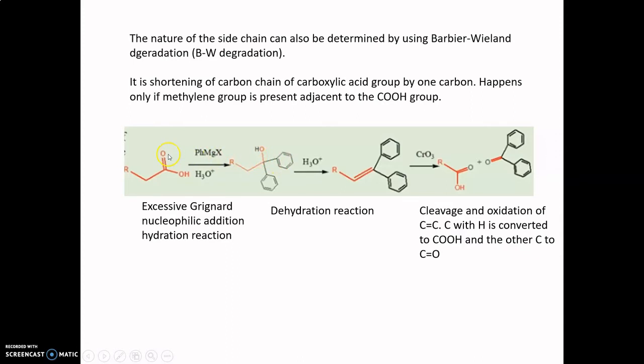The next step is a dehydration reaction, removal of H2O, and intramolecular dehydration happens, and you get a double bond. The next step is oxidation, wherein the double bond breaks and you get a ketone. The carbon which has a hydrogen attached to it will form the carboxylic acid compound, and the other carbon will form the keto group compound.